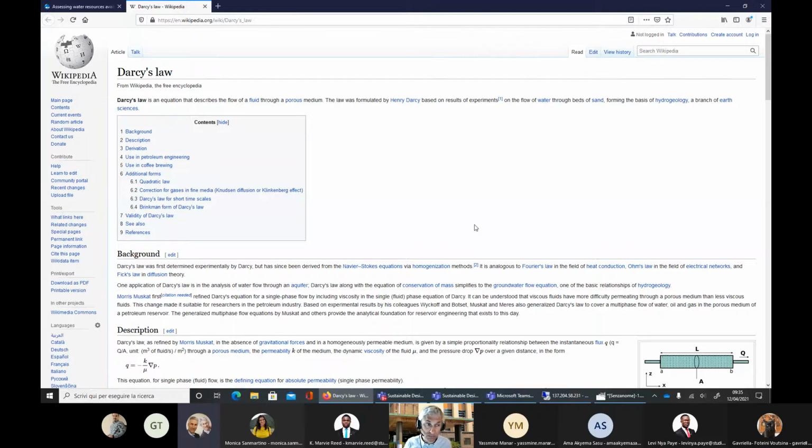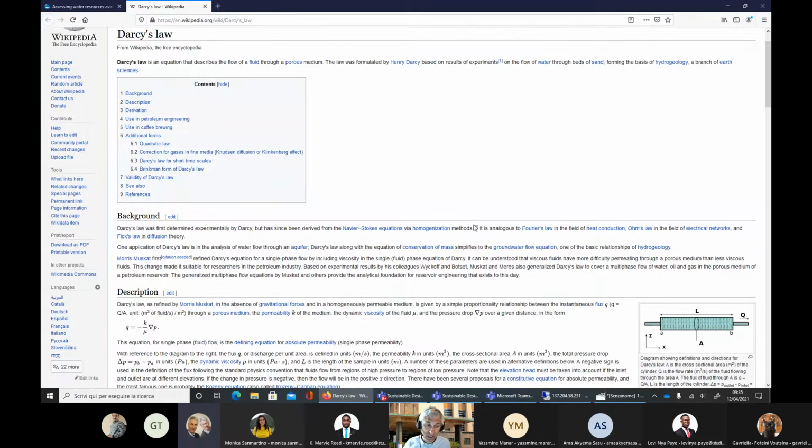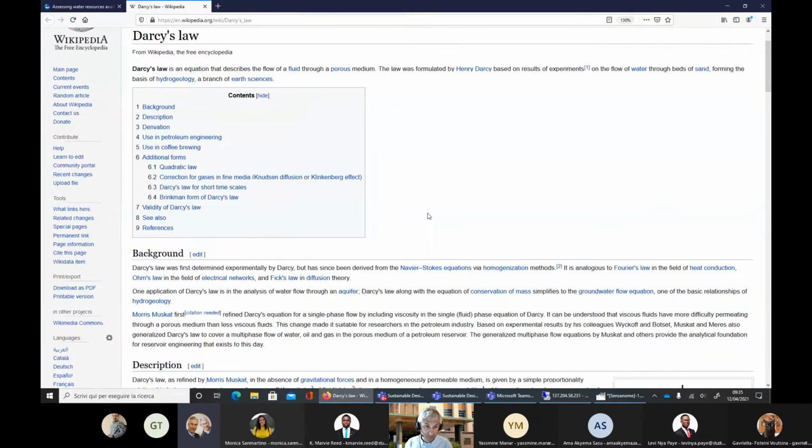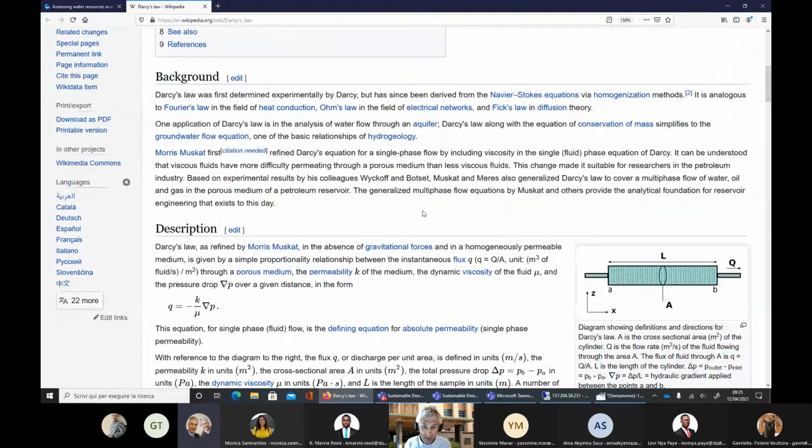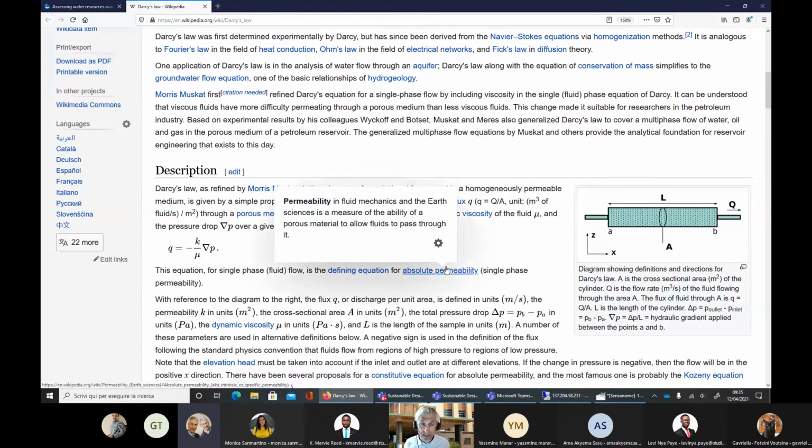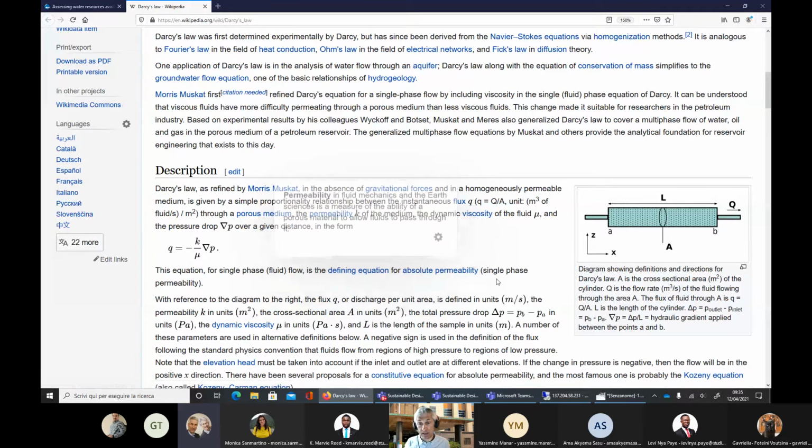So this law basically describes the relation between the flow and the energy decline, okay? And this relation is valid only when the flow is laminar. And it was derived by Darcy in an experimental way. It's a physically based equation, which was derived first experimentally.